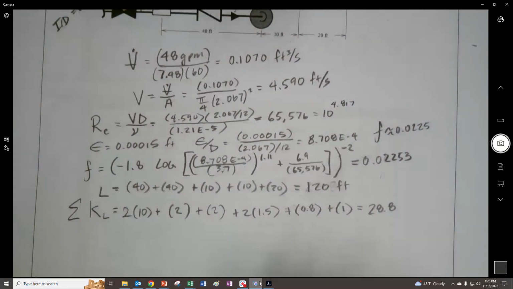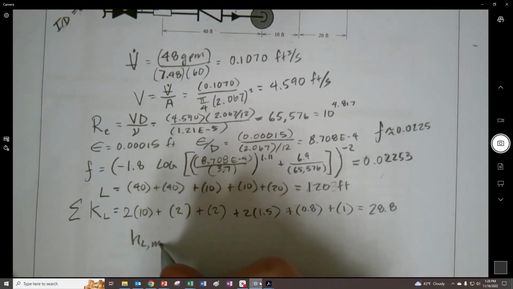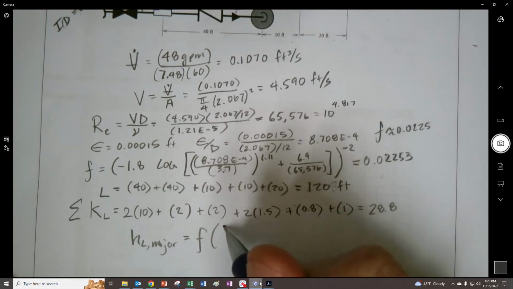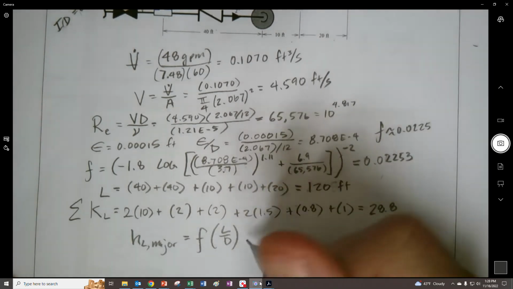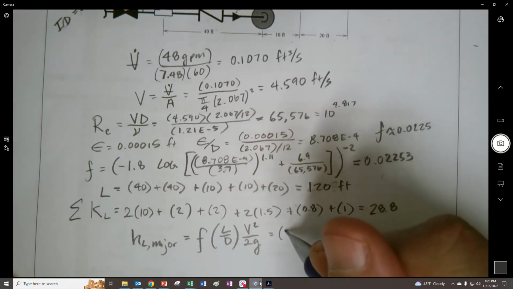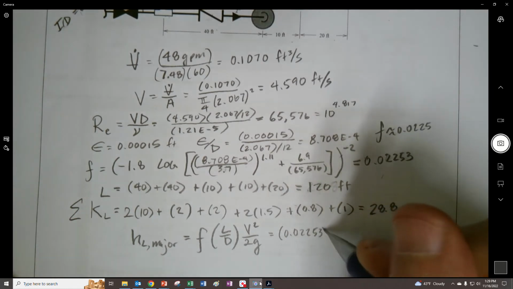I made this video too long. So the major head losses are going to be f times L over D times V squared over 2g. And what we end up with is 0.02253.